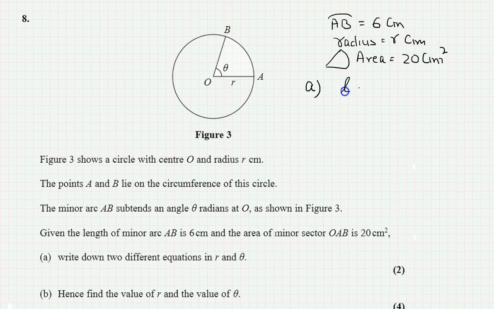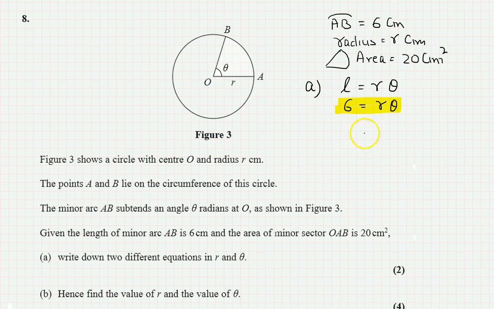So we know L is equal to r theta. So length 6 is equal to r theta. So that is the first equation, that is the relation. r theta is equal to 6.